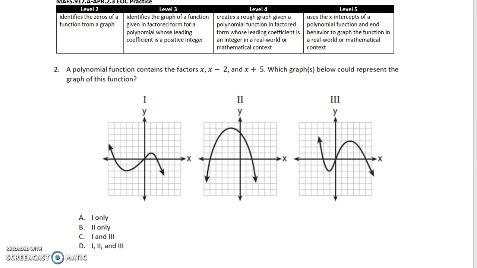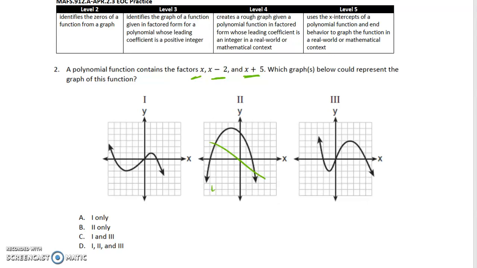Oh, these last ones. A polynomial function contains the factors x, x minus 2, and x plus 3. Which graph represents this? So go ahead and take a look at that for just a moment, and then we will respond. Okay, so when I'm looking at this, I have 1, 2, 3 zeros.